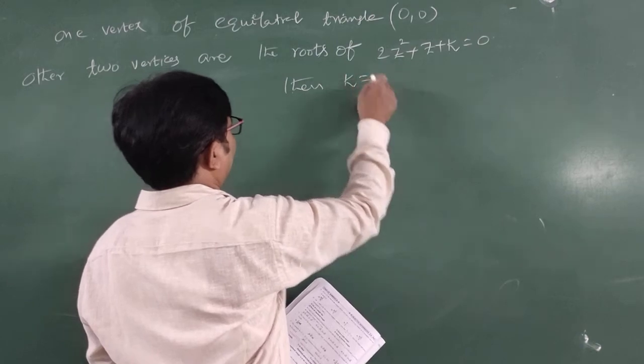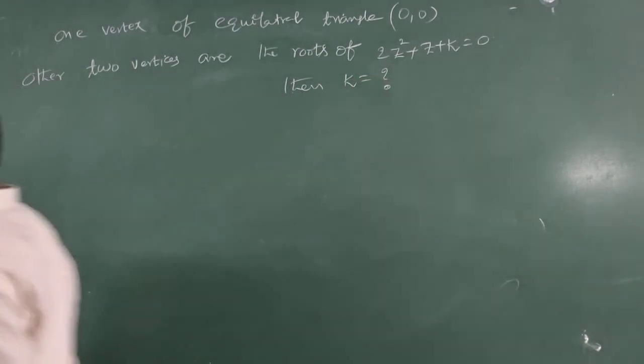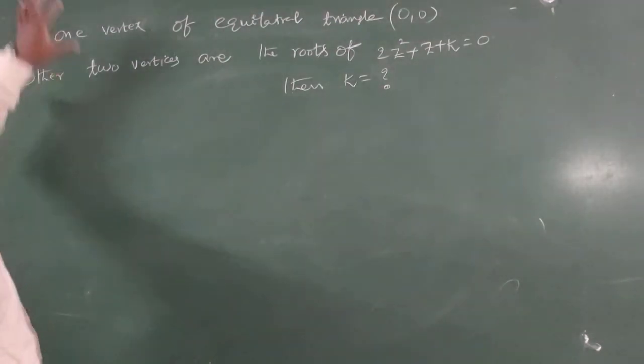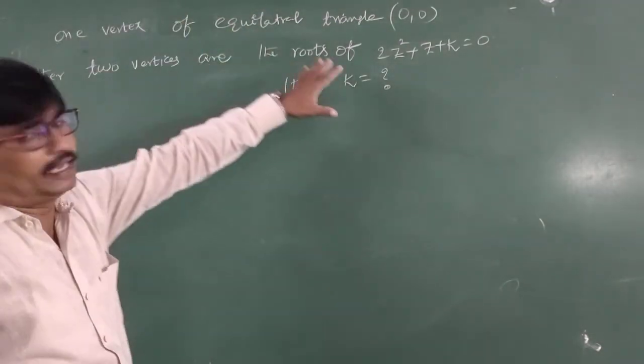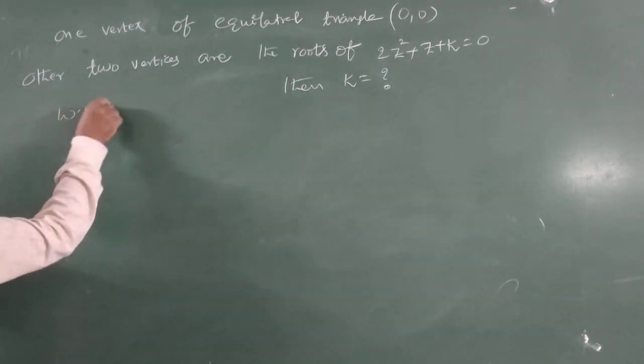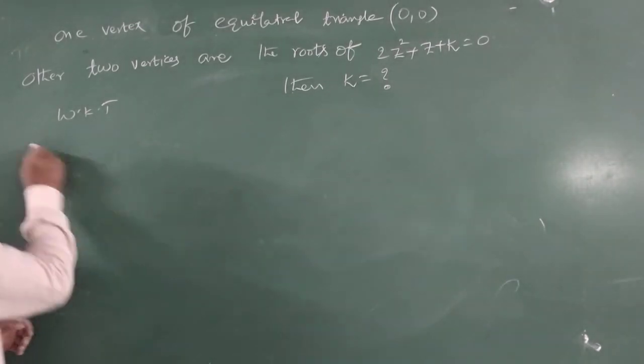Then the value of k equals... So students, here what we observe is that one of the vertices of the triangle is the origin. So we have to know that one of the vertices is the origin.